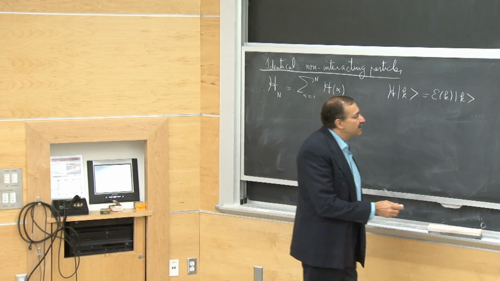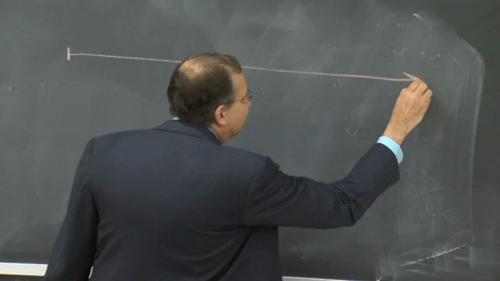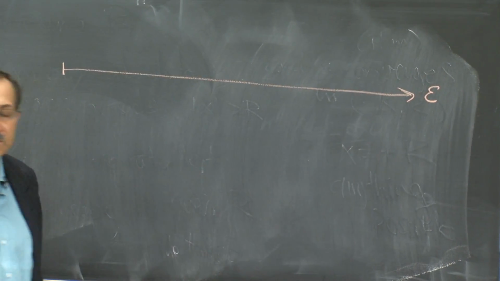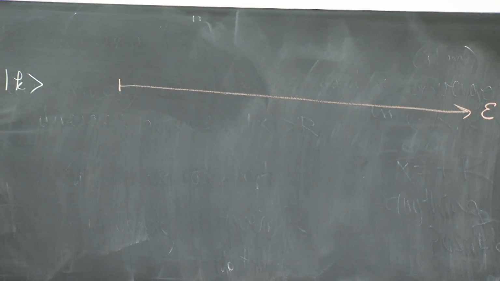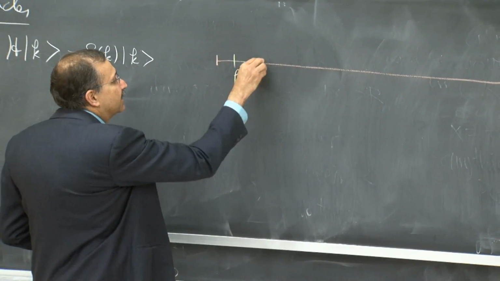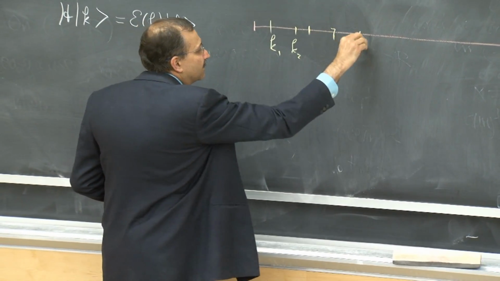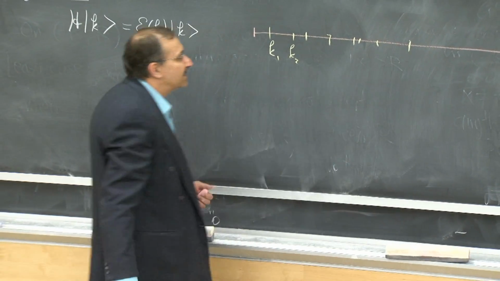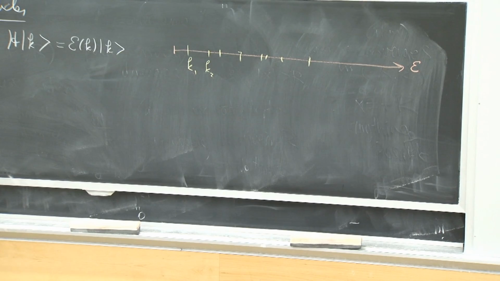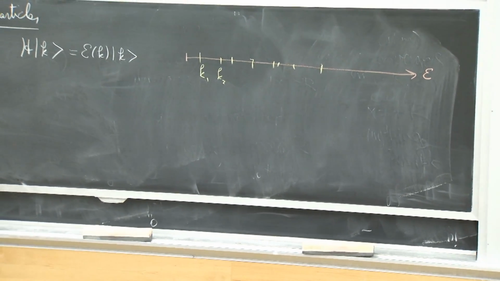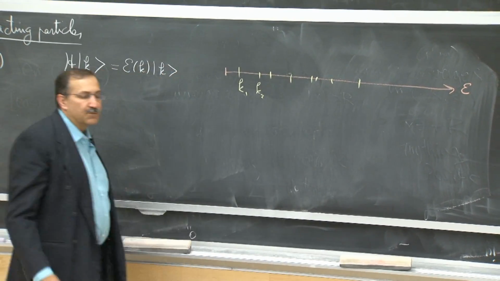But in general, for the one-particle system, we can think of a ladder of possible values of energies. And so there will be some k1, k2, k3, etc. They may be distributed in any particular way corresponding to different energies. Basically, you would have a number of possible states for one particle.